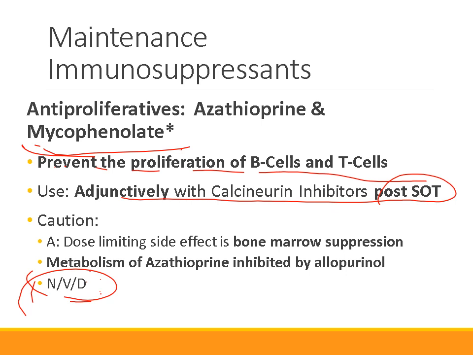The metabolism of azathioprine is inhibited by allopurinol. Allopurinol is an anti-gout agent that should not be combined with azathioprine because you have big increases in concentrations of azathioprine, which again can then cause even more profound bone marrow suppression, which makes the patient susceptible to infection.